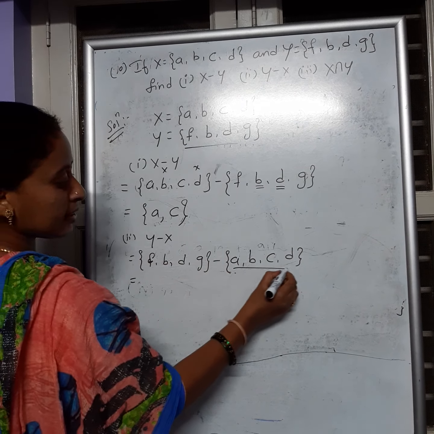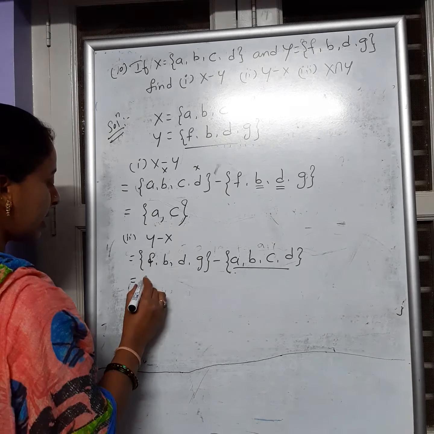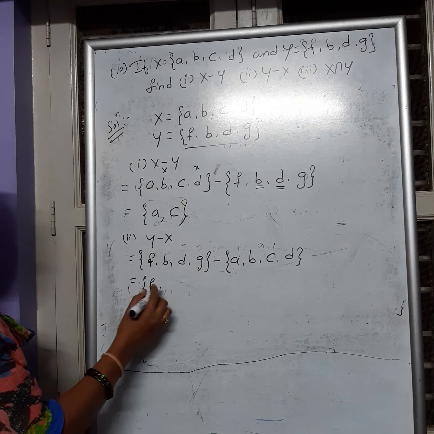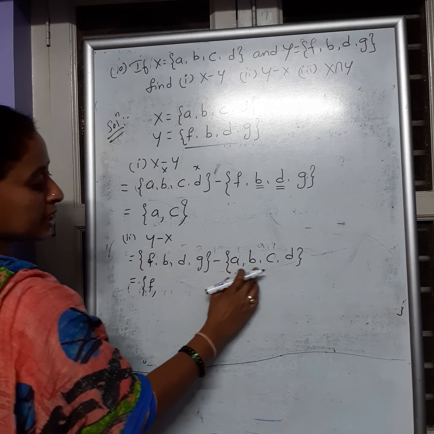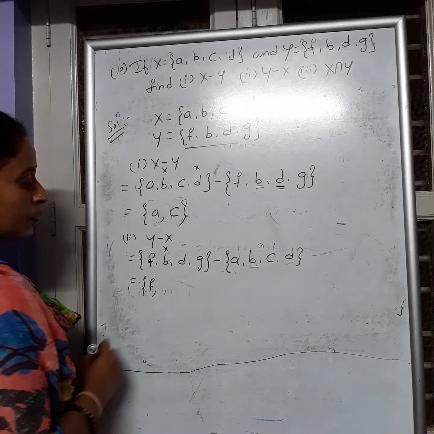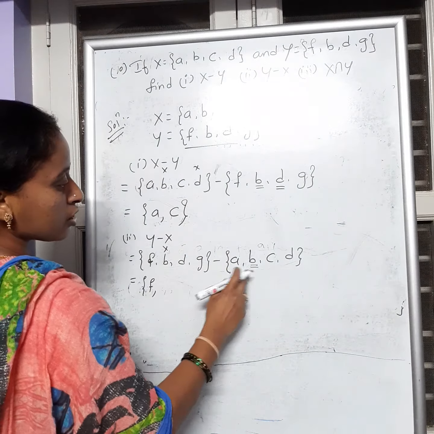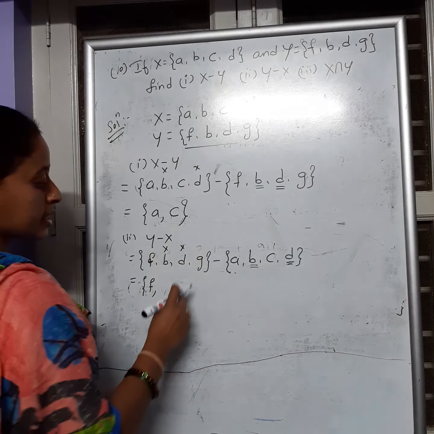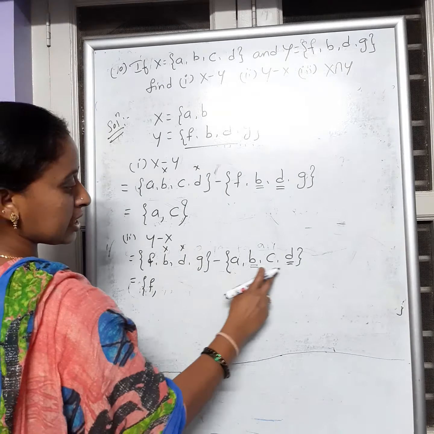Is F present in this set? No. Then take the F. Next B. Is B present here? Yes. Then cancel the B. Next D. Is D also present here? Yes. Then cancel the D. Next G. Is G present in this set? No. Then consider G.